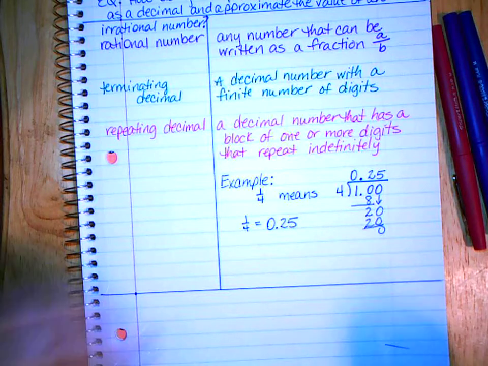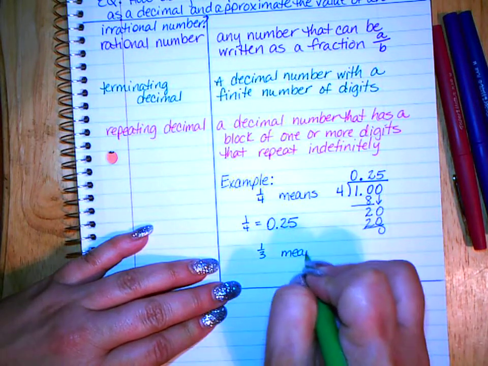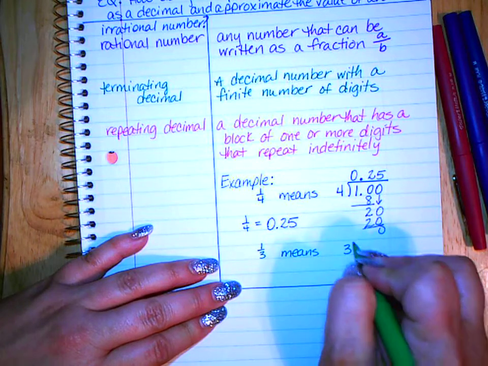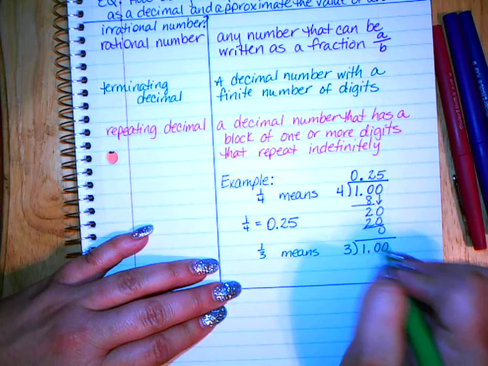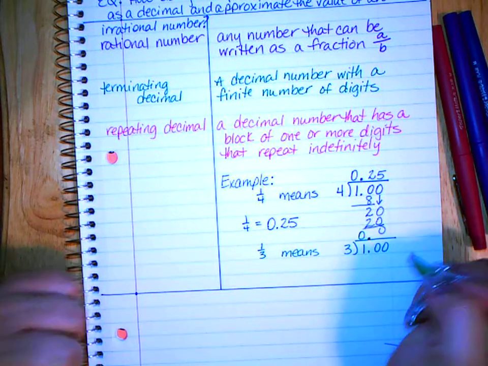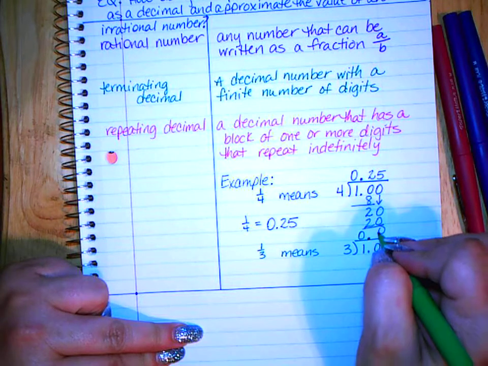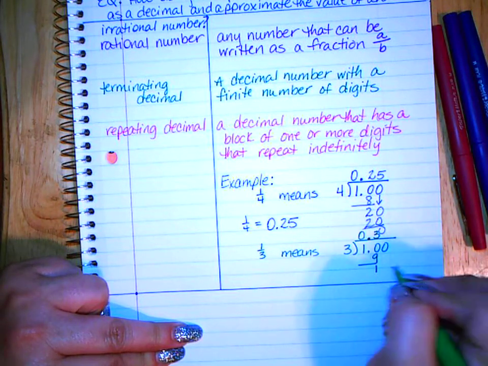Let's do 1/3, which means 3 divided into 1.00. Again, 3 does not go into 1. 3 will go into 10 3 times. Leaves me a remainder of 1.